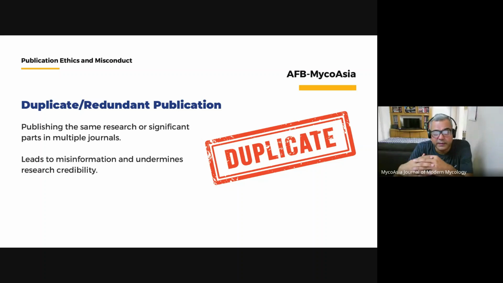Next one is duplicate and redundant publication. Duplicate means, when we started MycoAsia in 2019, at least I was very inexperienced dealing with this kind of publication misconduct from the authors. So we received one manuscript, and we were very excited that people are supporting MycoAsia.